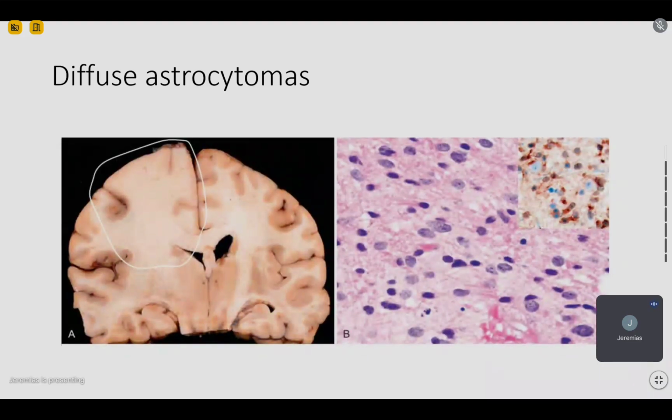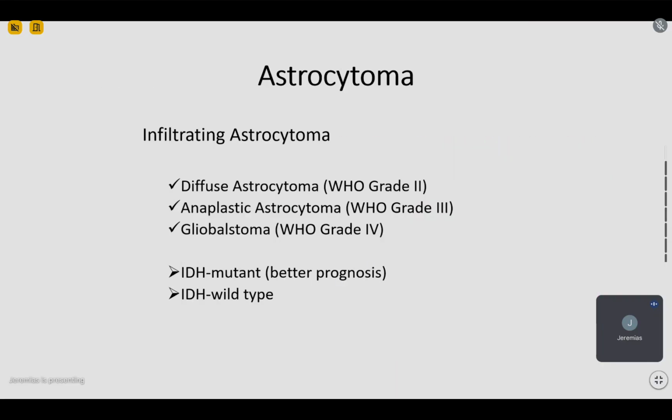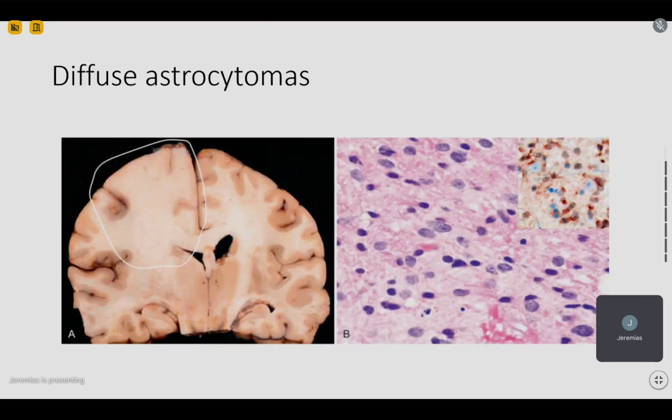I don't expect you to master this. Even the older pathologists had difficulty diagnosing this type of CNS tumor. So at your level, it's okay that you appreciate or know what the classifications are based on.